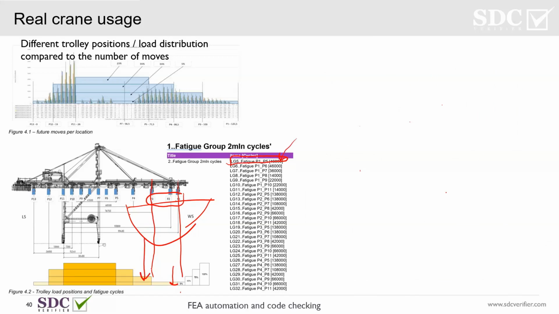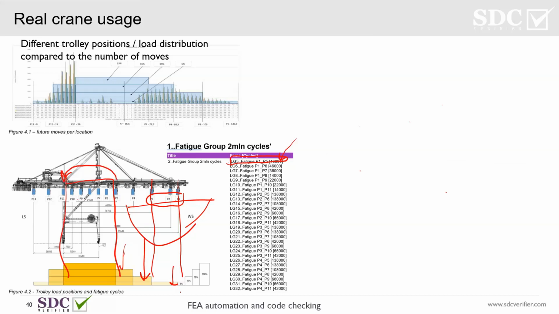This one becomes around 40%, this one 70, and we see that most of the trolley positions are used here, basically from position number 5 to the land side legs. That's where the real influence is coming from.